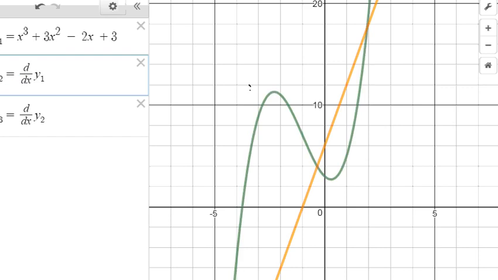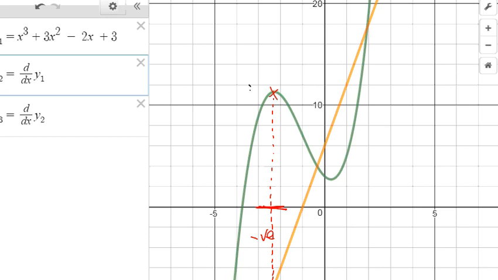What's the connection between the two? Well, the important connection is as follows. At the point where we've got a maximum turning point, and we look at the corresponding value of our second derivative, you'll notice that it is below the x-axis. In other words, it has a negative value.